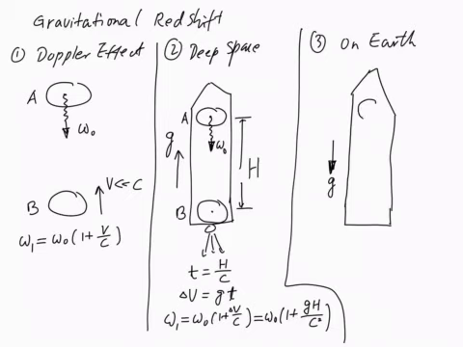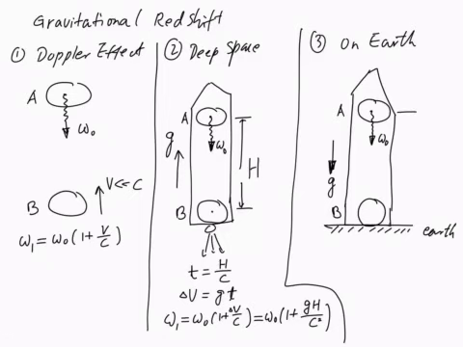So if I have an emitter A in that building that again emits light at the frequency of omega 0, and I have observer B at the bottom of the building trying to receive the light, this is Earth's surface.